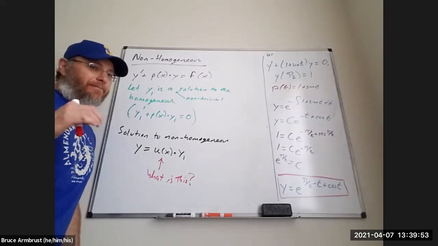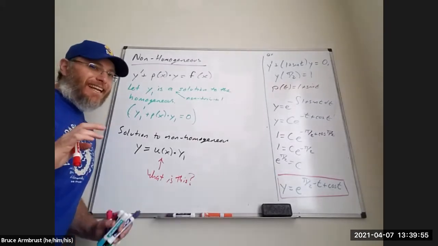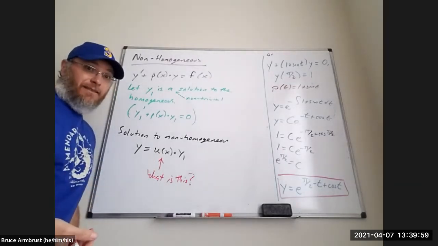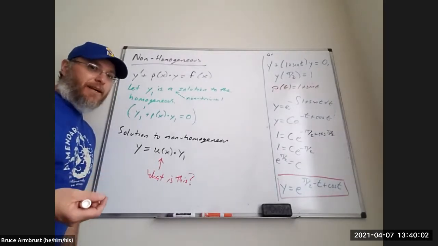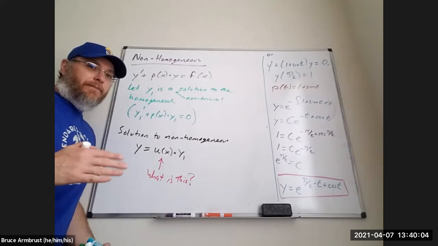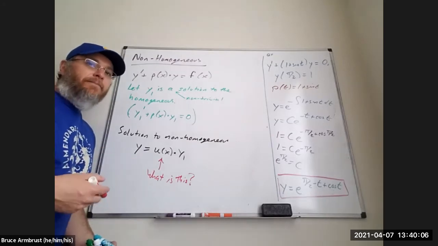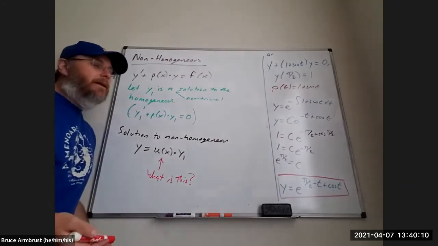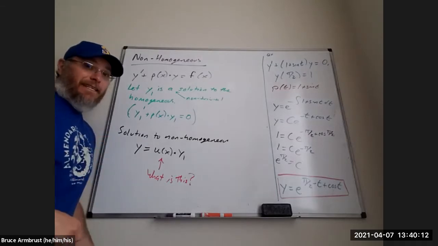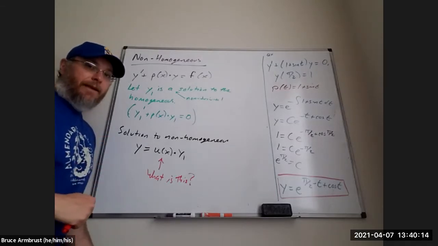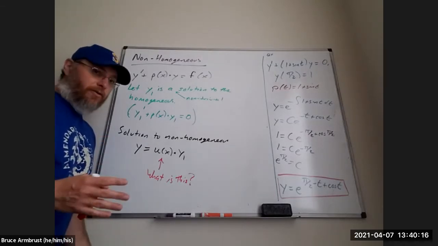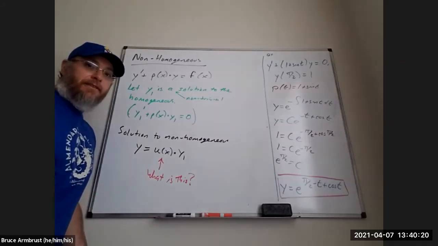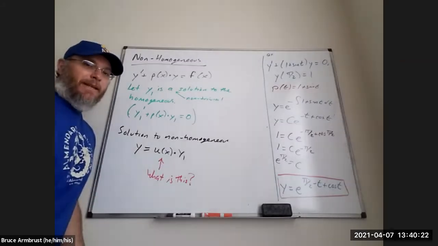Except we're going to go a little bit beyond that, because it's not exactly a basis, because u doesn't have to be a constant. When you talk about bases in linear algebra, you're doing linear combinations of them. But it's exactly the same kind of idea, that we can write out all solutions as some multiple of the solution to the homogeneous. Just that multiple may not be constant.